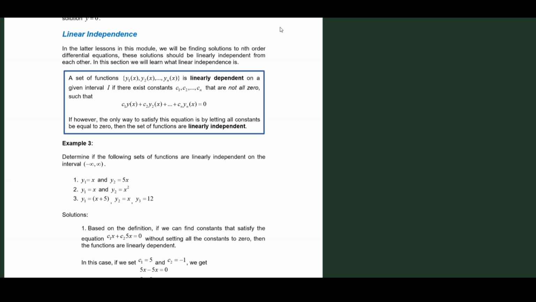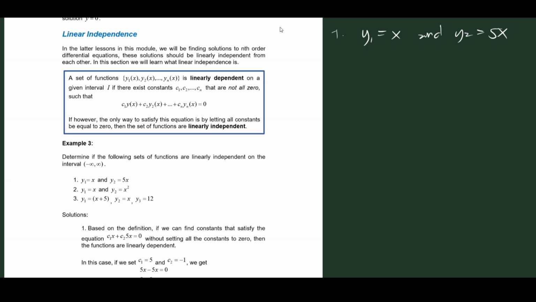Okay, so to make this more concrete, let us apply it to examples. Let's try example 1. So we have here two functions. y1 is equal to x and y2 is equal to 5x. So the problem is, how are we to determine if these two functions are linearly independent?